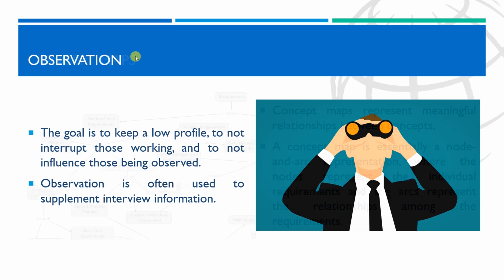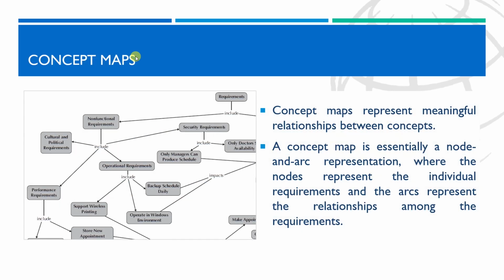And we have another technique, the concept maps. Concept maps represent meaningful relationships between concepts that are useful for focusing individuals on the small number of key ideas on which they should concentrate.